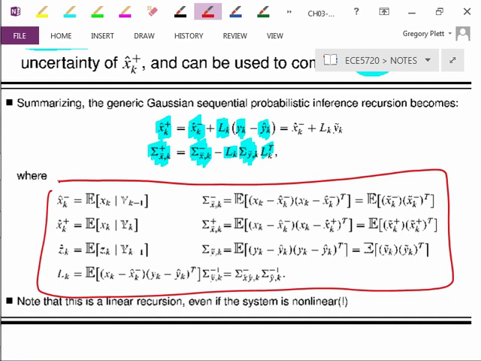So if that's even close to true, I can apply the generic steps with additional assumptions on whether the system is linear. So if the system is linear, I can evaluate these equations to come up with the linear Kalman filter. Or if the system is nonlinear and I make a couple of assumptions, I get the extended Kalman filter. Or if it's nonlinear, I make different assumptions, I get the sigma point or unscented Kalman filter.